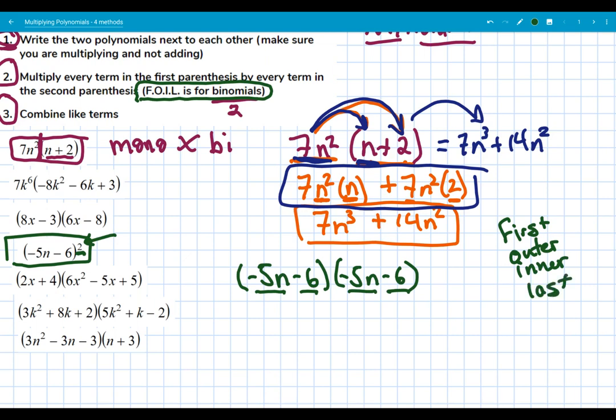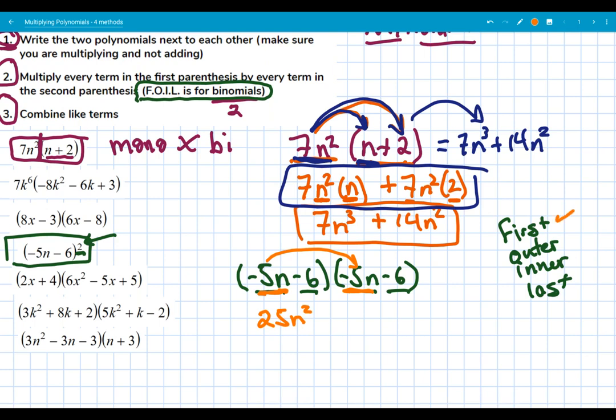What that means is this. First, these 2 people are going to shake hands, the first person and the first person. So negative 5 times negative 5 is positive 25. N times the n makes it n squared. Okay, that's the first.